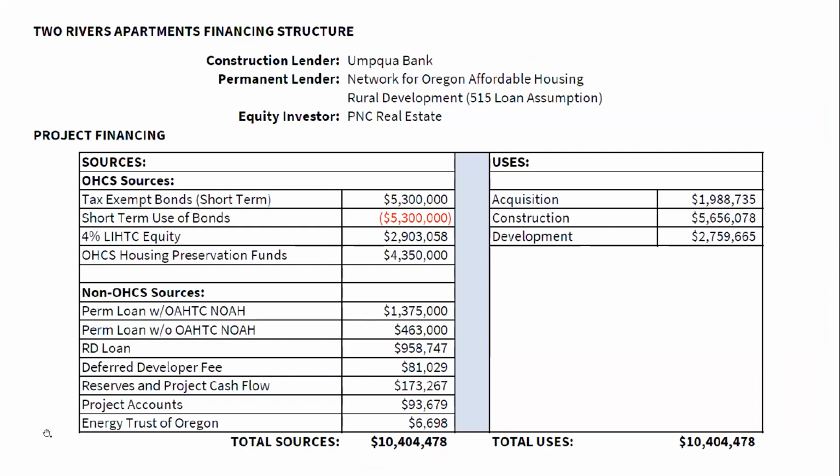And then, if I'm remembering right, Shelley, the amount of the Oregon Affordable Housing Tax Credit was capped in the NOFA, so we ended up with a bifurcated loan, part with OHTC and part without. Yeah, that's correct. Right. Okay.